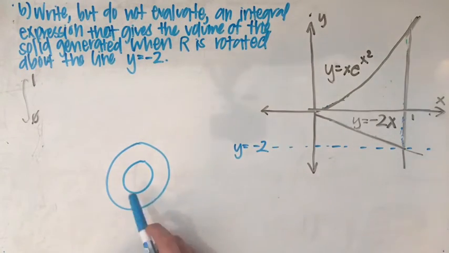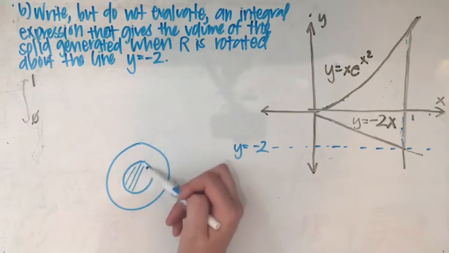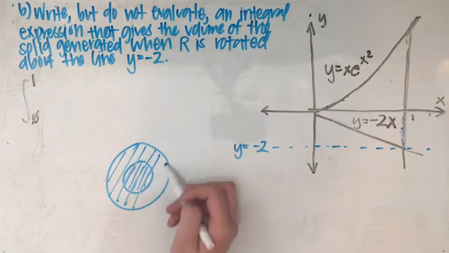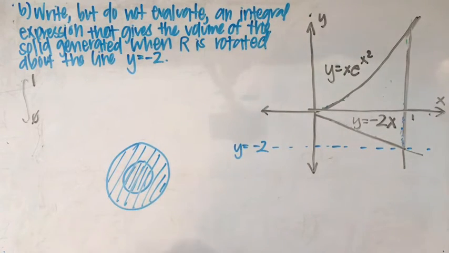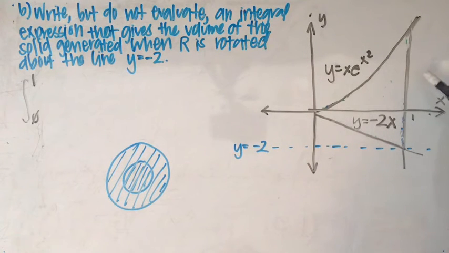And so in order to find the area of this washer, we would find the area of this circle and then subtract it from the area of this larger circle. And that's exactly what we're going to do to find the volume of this area by finding each cross section's area and multiplying it by delta x.